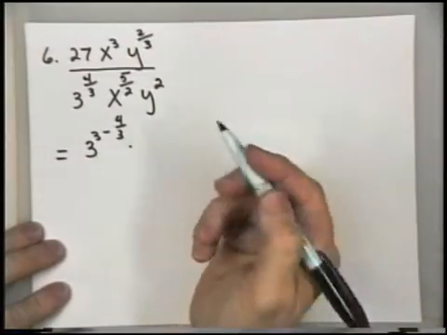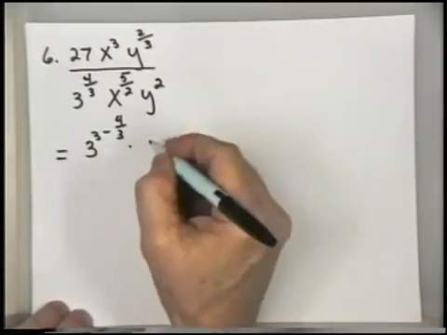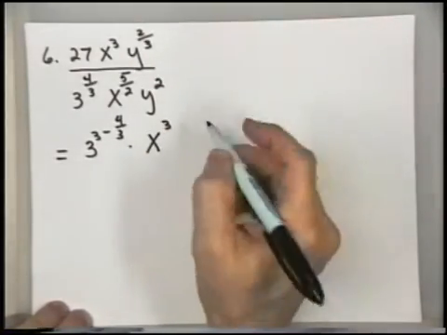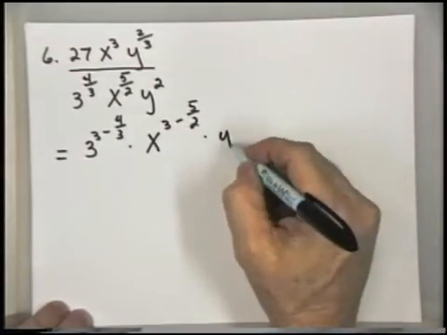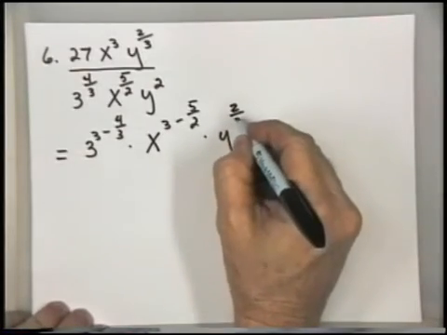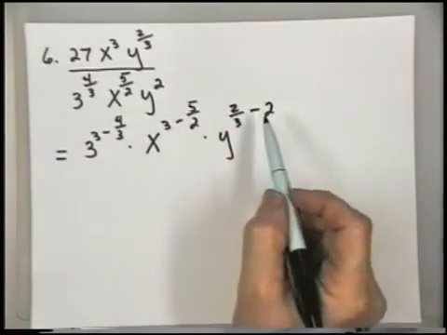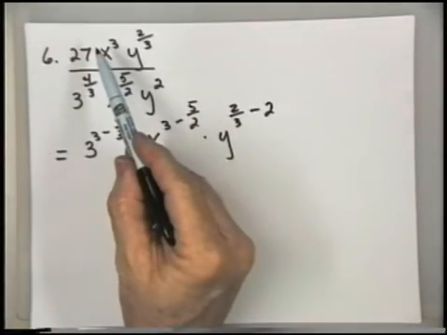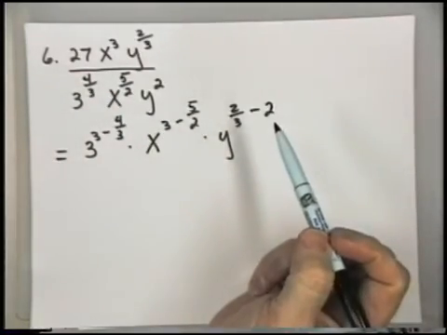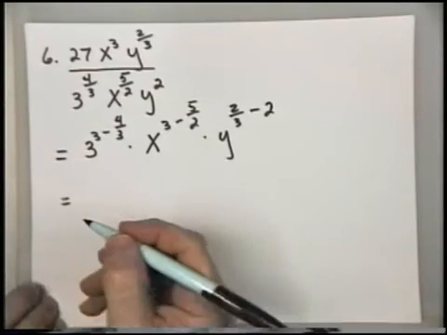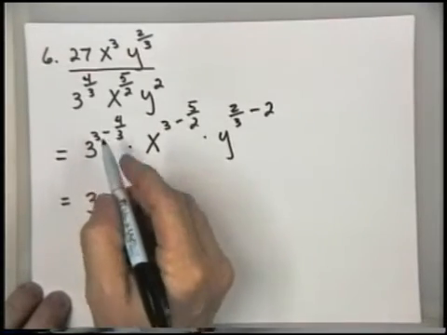So this is 3 to the 3 minus 4/3 times, and we can do the same thing here with the powers of x, x to the 3 minus 5/2 times y to the 2/3 minus 2. Notice it doesn't matter what kind of numbers they are, it's always the numerator's exponent minus the denominator's exponent. And then you just have to live with what kind of exponent you end up with.